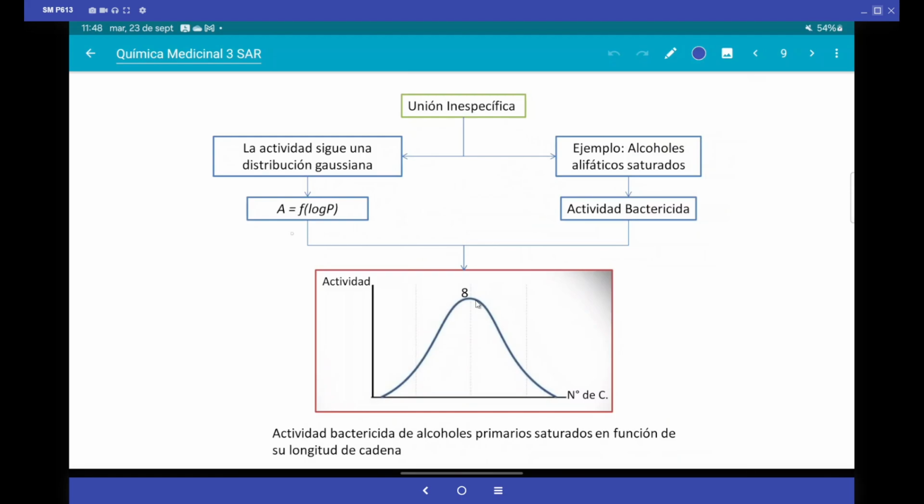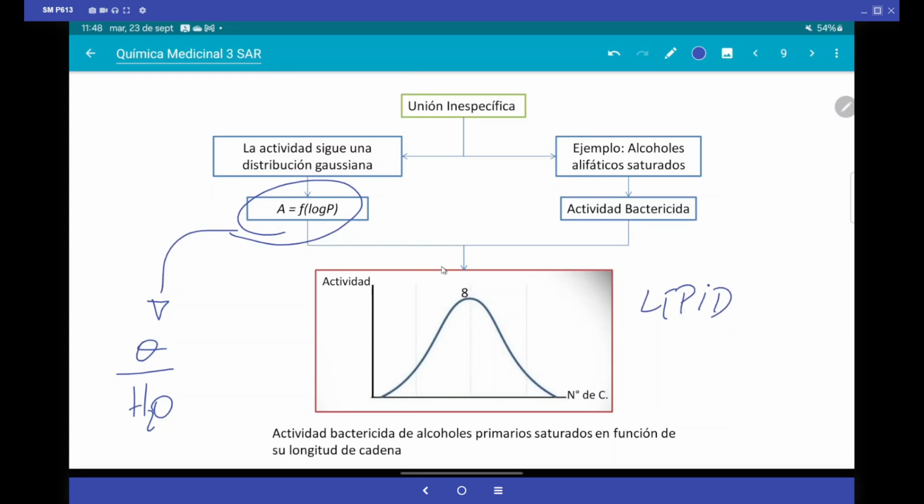Now remember that when we saw log P, we said that it is the partition coefficient of the octanol-water type, and then it is insoluble, and it simulates a membrane. Perfect, then, as we can see, the biological activity with respect to the chain length continues, more or less, as a Gaussian bell.